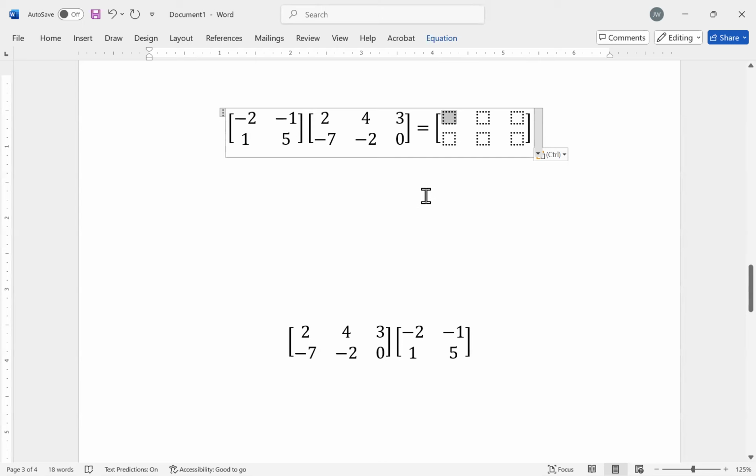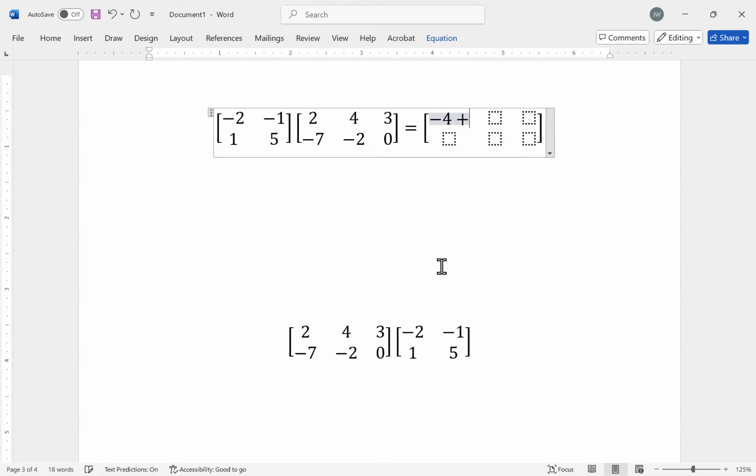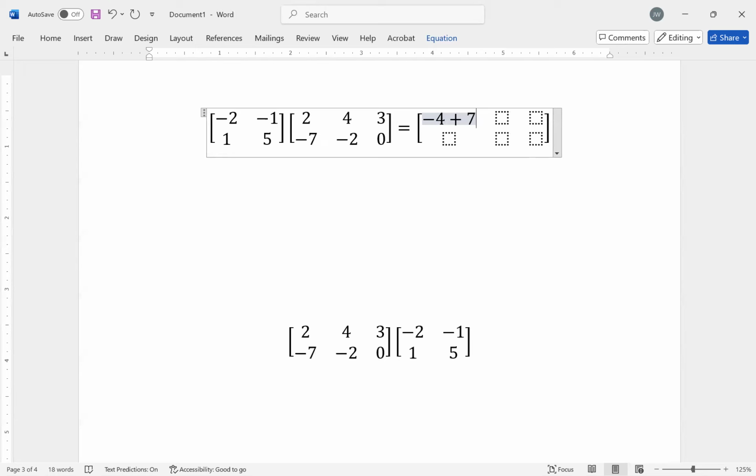So let's go ahead and do that. First row times 2, -7 is going to be -4 plus 7. I'm multiplying in my head there. -2 times 2 is -4. -1 times -7 is a +7. Then I'll take -2, -1 times 4, -2.